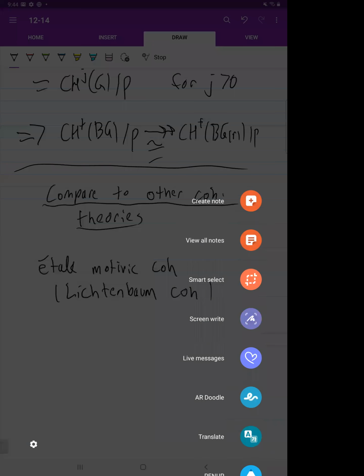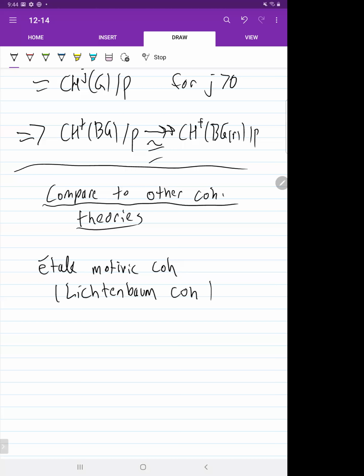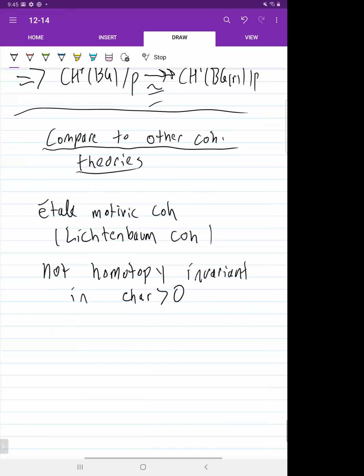And here it's important to note that it's not a homotopy invariant cohomology theory in positive characteristic. You have to be careful on what you mean by étale motivic cohomology of a classifying space if it's not a homotopy invariant theory.